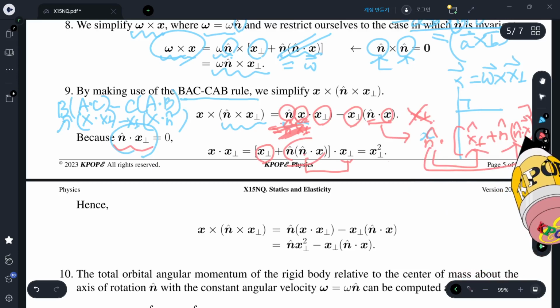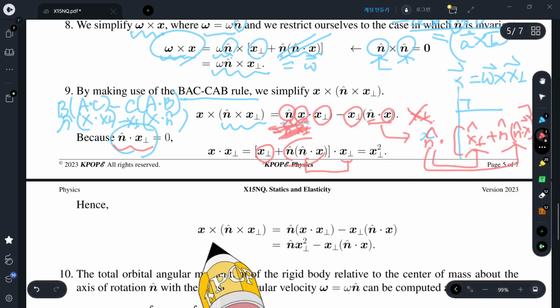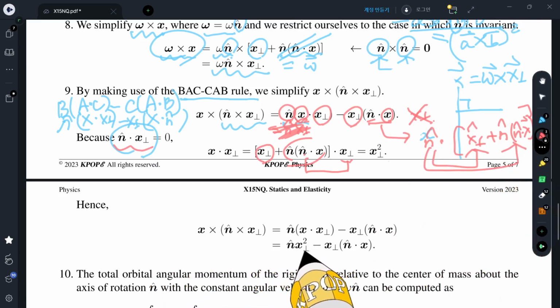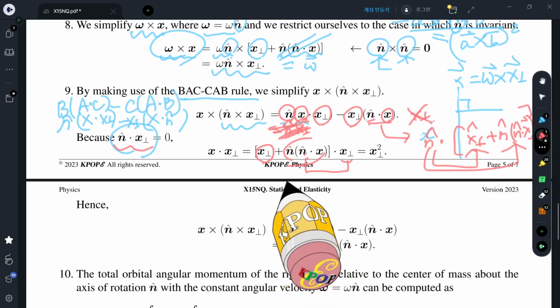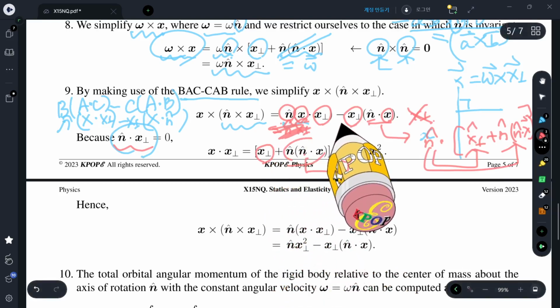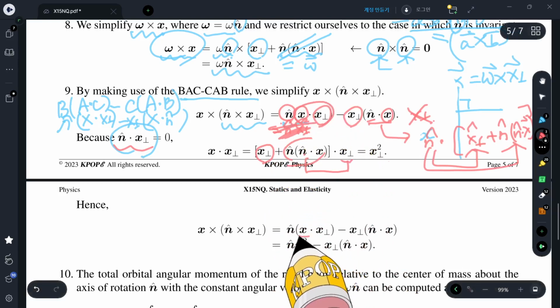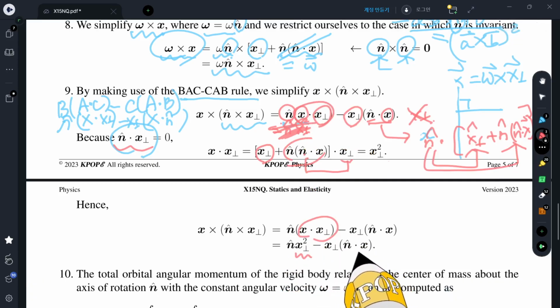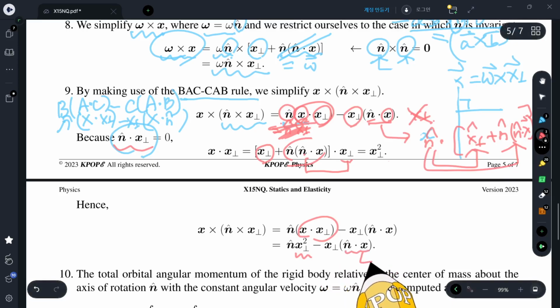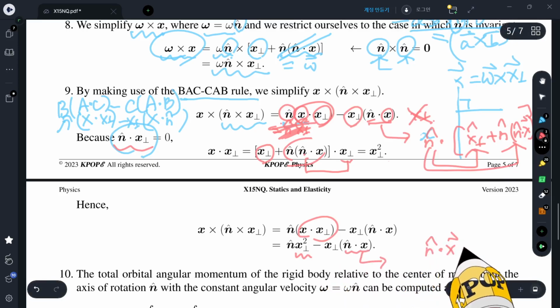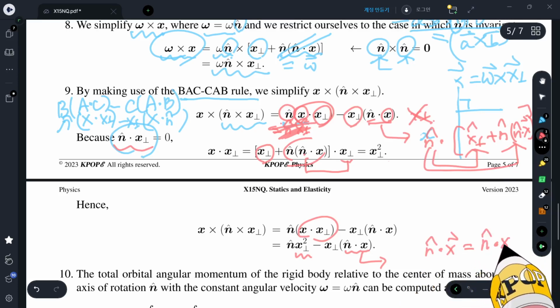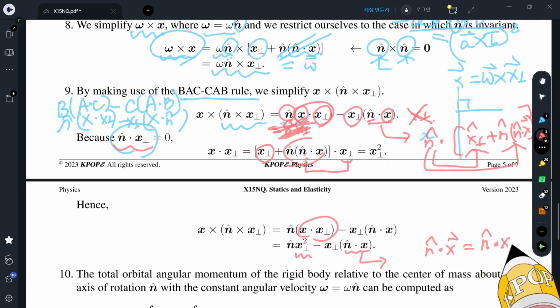Hence this term becomes x perp squared. That's fine. This term becomes, that's it, x parallel.